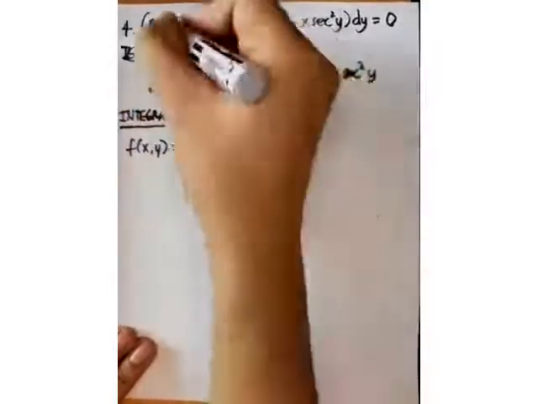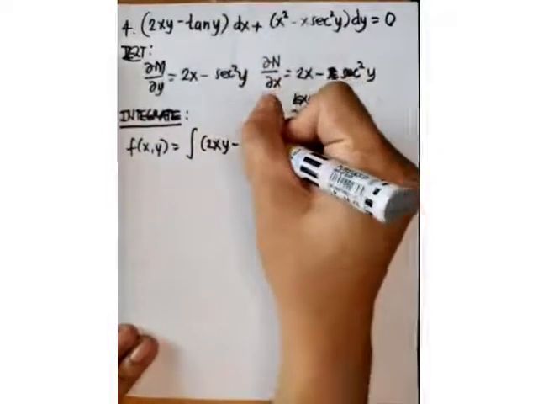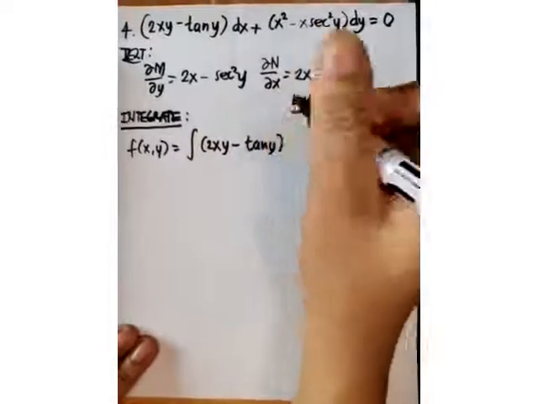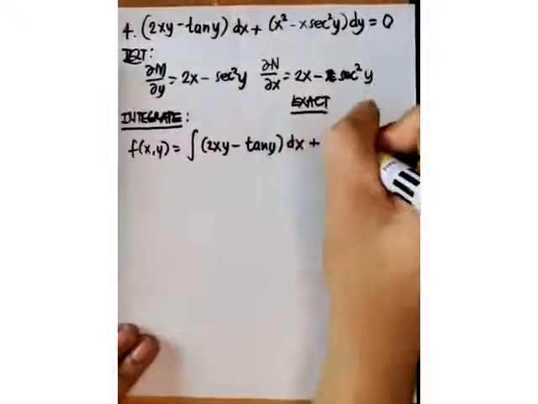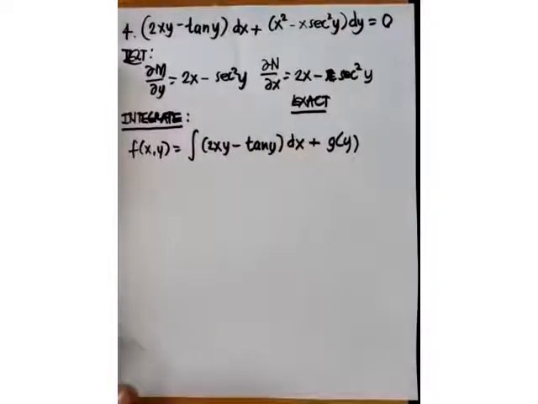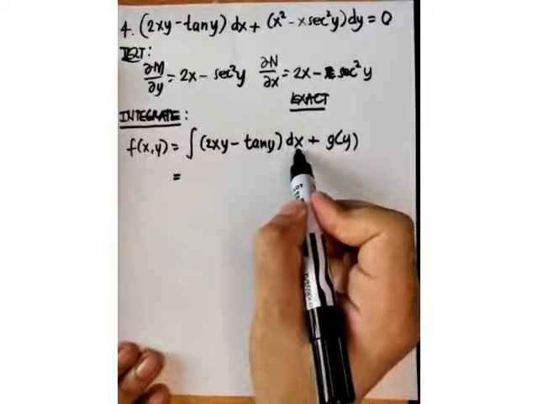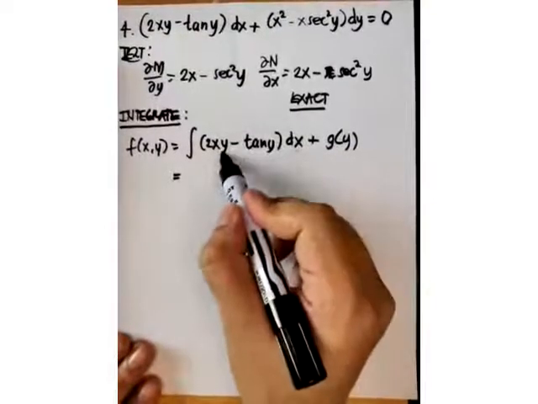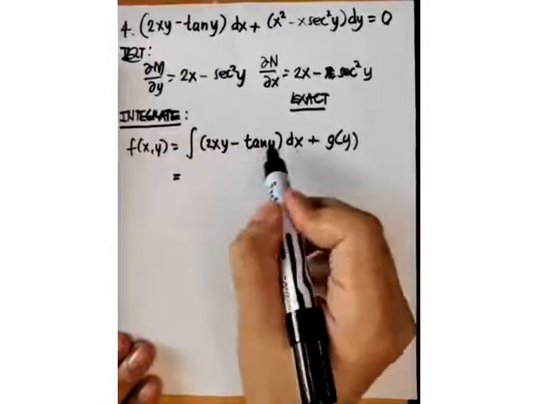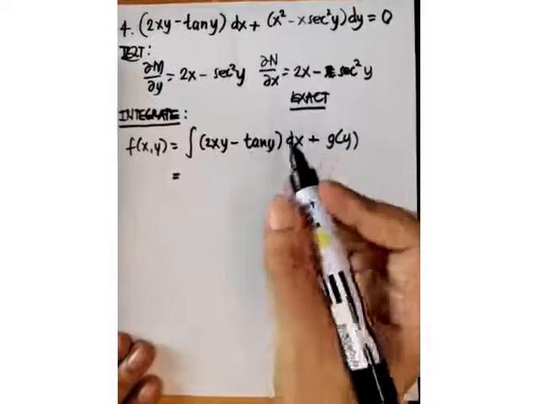So, let's find our function. So, that's equal to the integral of 2xy minus tangent y dx plus g of y. Okay? And then we integrate. So, integrate natin siya in terms of x. So, that means all y's are constant. Tama? Constant ang y, ang x lang yung i-integrate natin. So, ano ang integral ng 2x?